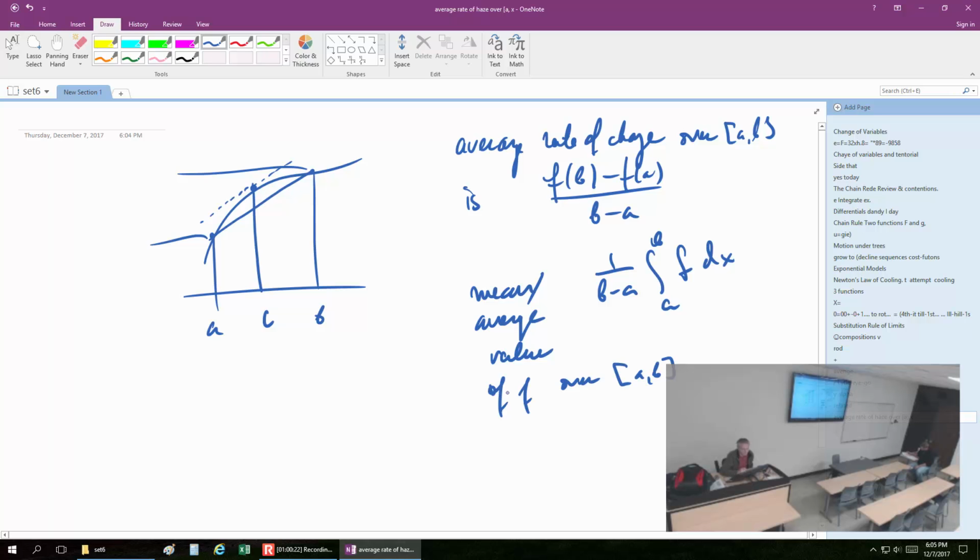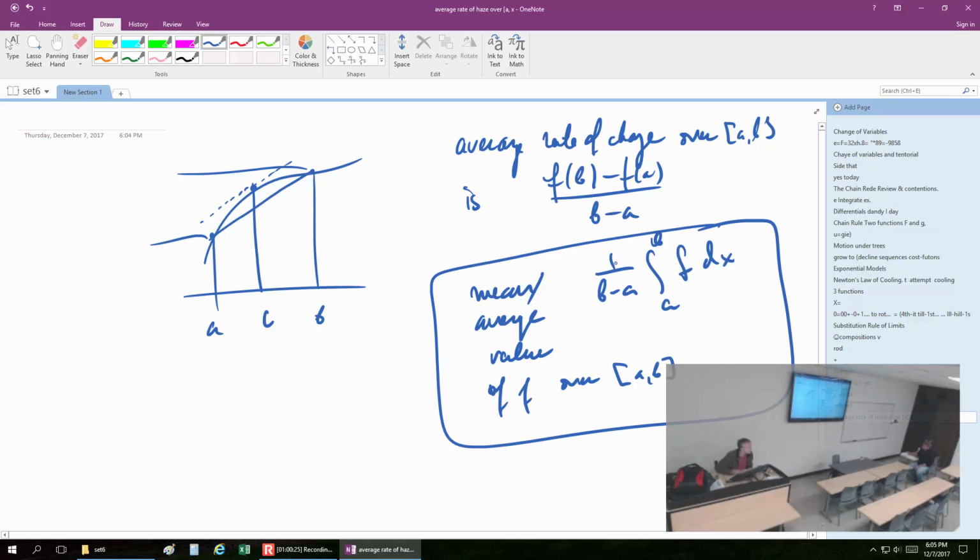Do you remember this? You integrate the function over the interval and then divide by the length of the interval. That's what the mean value means, and that's what they use in more advanced probability and statistics. And they match. You can imagine that you approximate your function with bars, remember, and there are n of them, and you divide by n. It will be pretty much the same as dividing by the length of the interval.